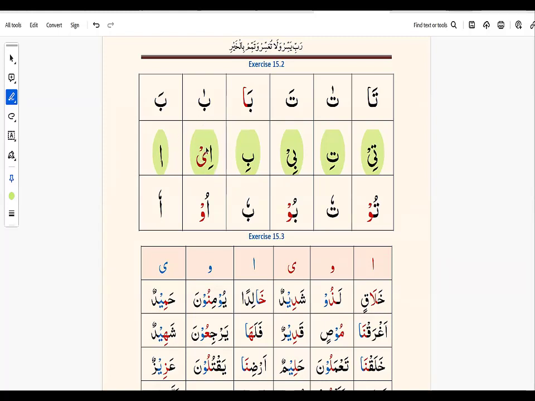Ya madiyya should be prolonged for 2 seconds. And then vertical kasra should be prolonged for 2 seconds as well. So I won't go into deep detail right now. But for vertical kasra, we make a ya sound, and it should be prolonged for 2 seconds. So it should be the same for over here. E. Do you want to have a go? Well done, mashallah. Really good job.